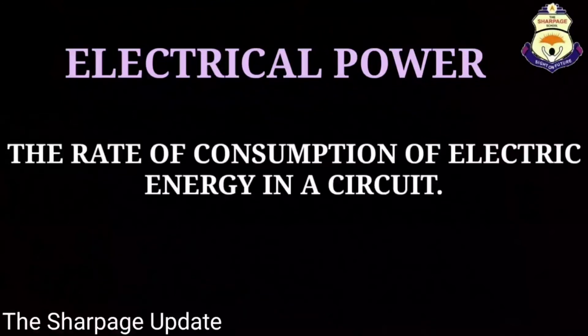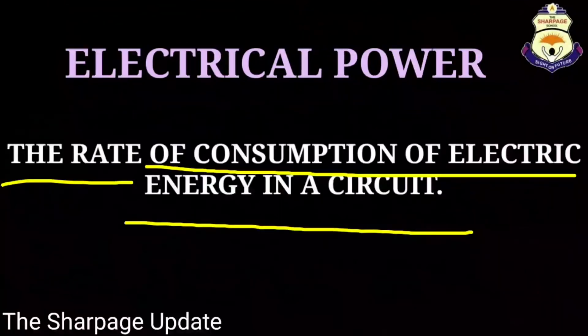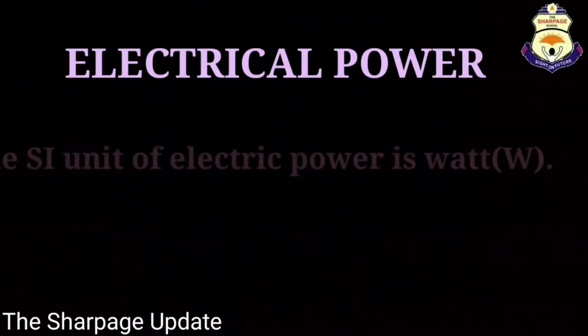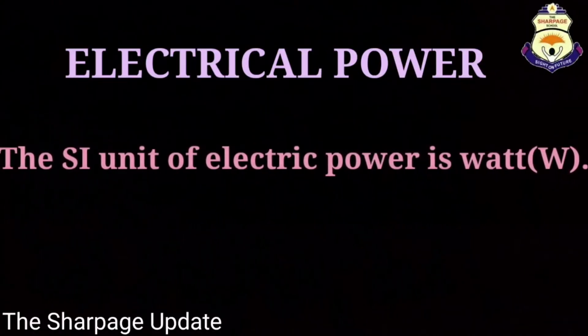So electric power may also be defined as the rate of consumption of electric energy in a circuit. And the SI unit of electrical power is watt, that is represented by W.